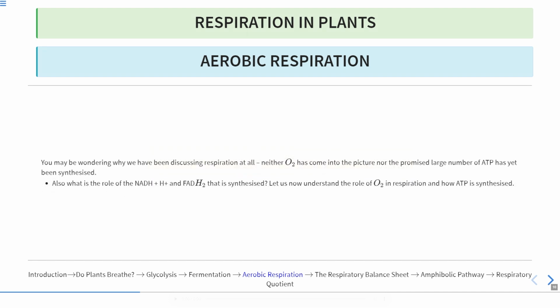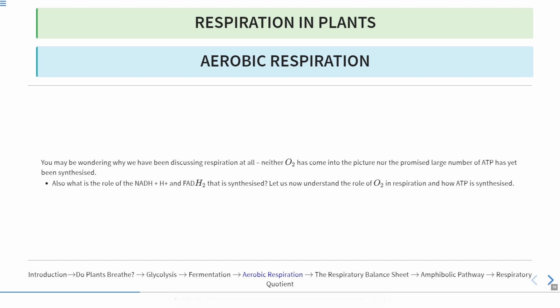Now, you may be wondering why we have been discussing respiration at all. Neither O2 has come into the picture nor has a large number of ATP yet been synthesized. This is a very important thing to understand. We are studying aerobic respiration, but here we can see that no oxygen has been used till now, and no large number of ATP has been synthesized.